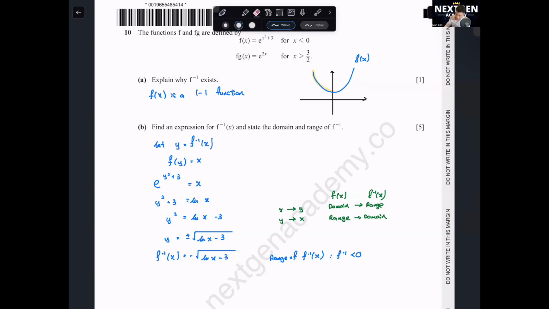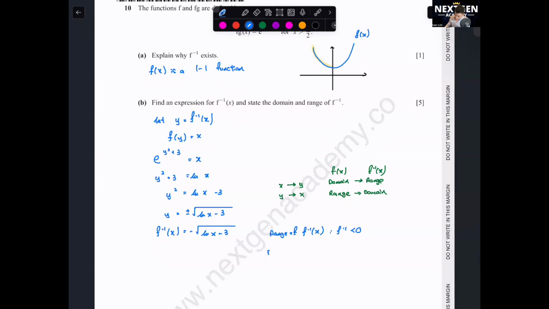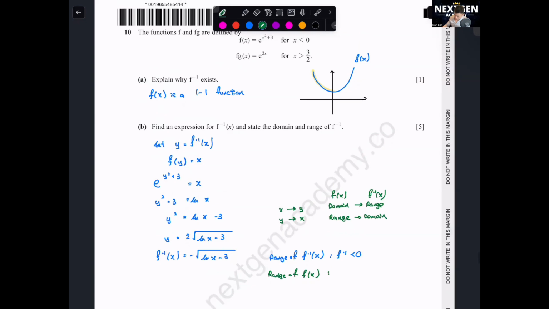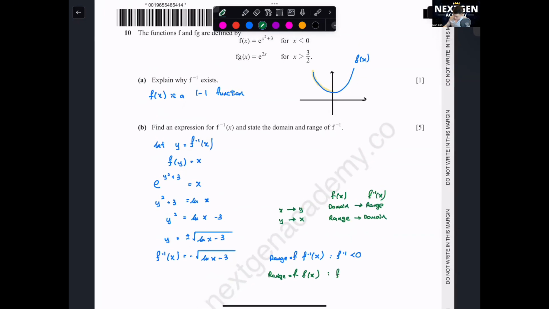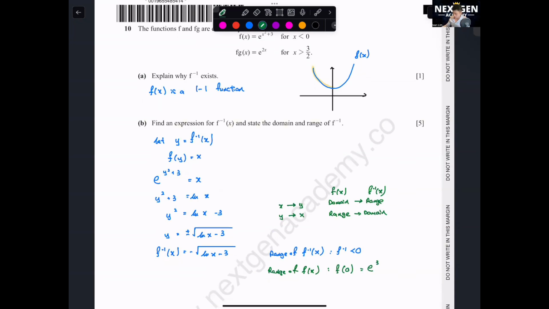So you go back to the previous one. The range of f(x) is equal to here, f(0), then here will be e to the power of 3. How do we present this?